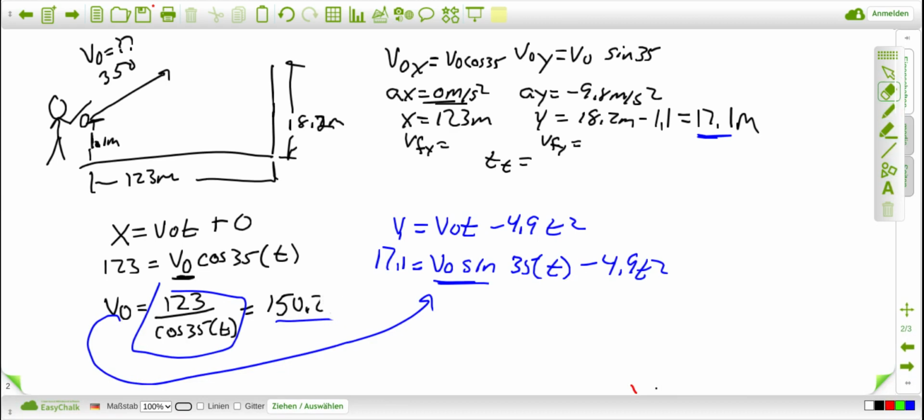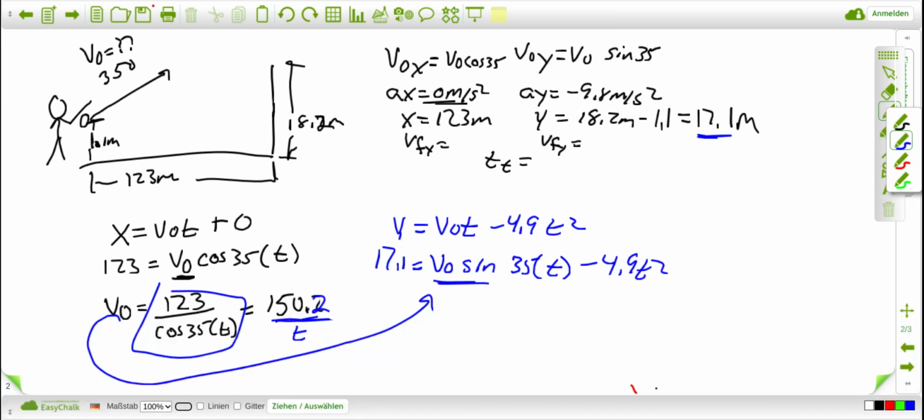It should be over t, because the t was in the denominator. But you could substitute that in at this point, and the 35 and the cosine, all that stuff, simplify out to tangent. That's another option, whichever one you prefer.